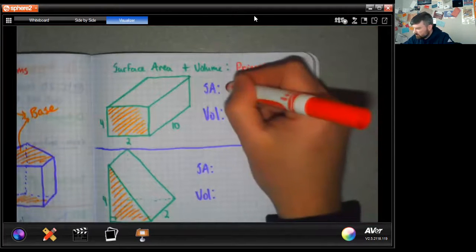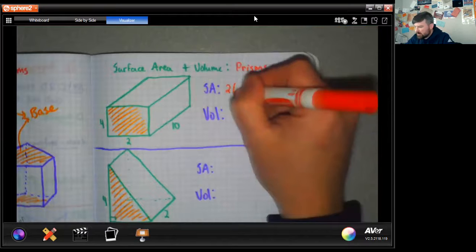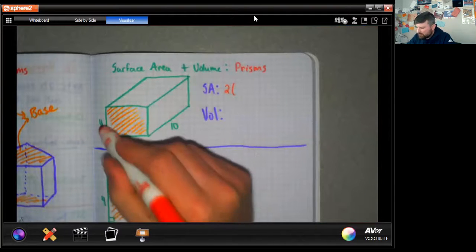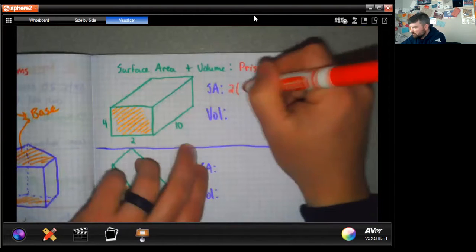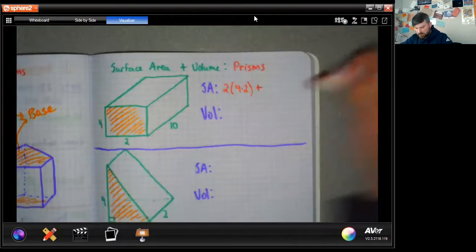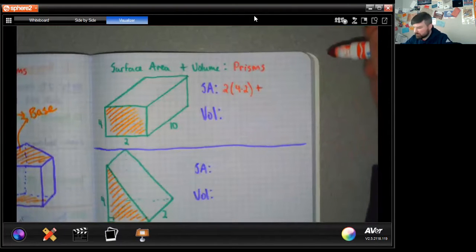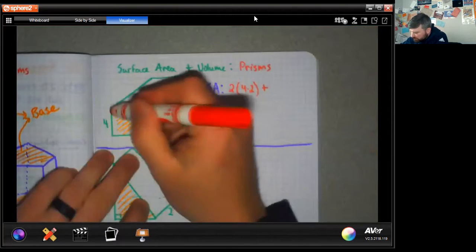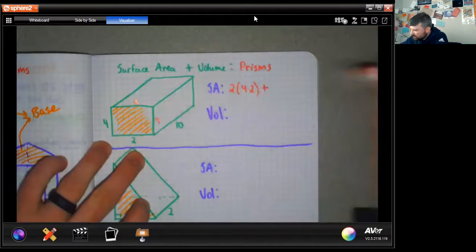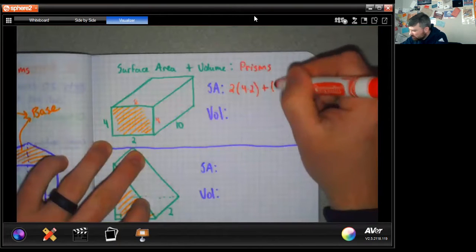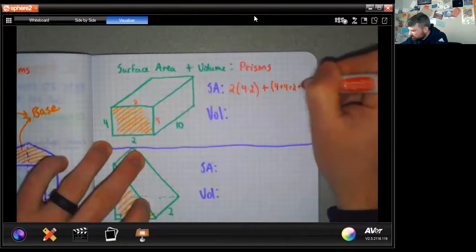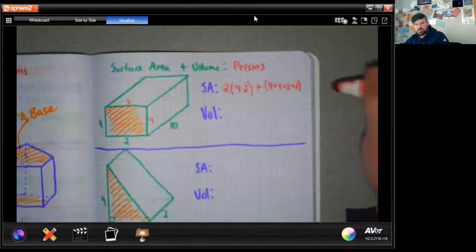So we have 2 times the area of the base. So here's my base. In order to find the area of that, I'm going to take 4 times 2, plus the perimeter of your base. So in order to find the perimeter of this thing, this side is 4, this side is 2. So we have the perimeter is 4 plus 4 plus 2 plus 2 times the height between the bases.